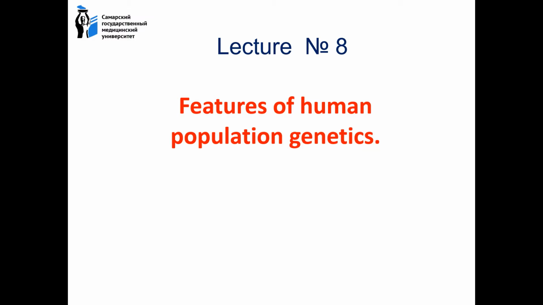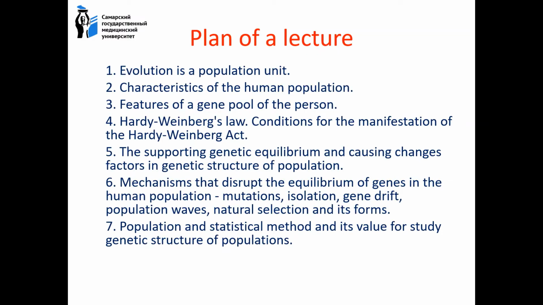The topic of the lecture: features of human population genetics. Plan of the lecture. Evolution is a population unit. Characteristics of the human population. The next one: features of the gene pool of the person. Hardy-Weinberg's law.